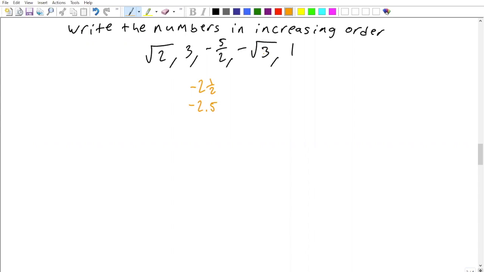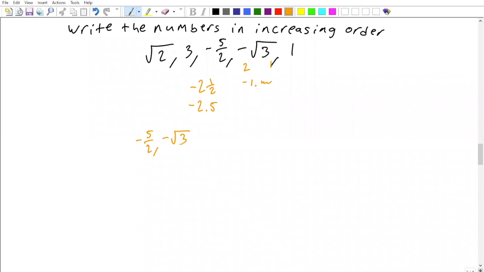So the square root of 3 is bigger than 1. So it's between 2 and 1. It's somewhere between 2 and 1. So that means it's 1 point something, right? And that's all we need to know because it's negative. So that means negative 5 over 2 will come first, and then negative square root of 3.